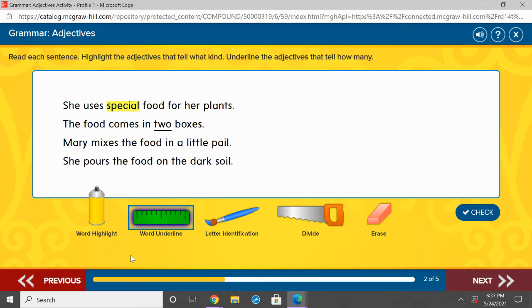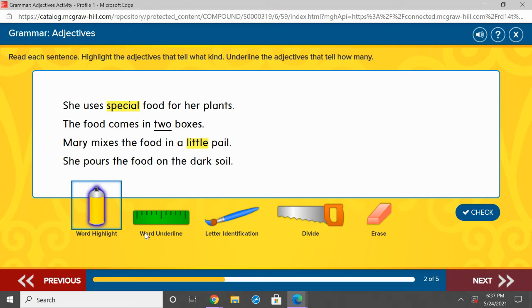Our next sentence, Mary mixes the food in a little pail. What kind of pail is it? Let me hear it. It's a little. Yeah. Does that tell us how many or what kind? Go ahead and yell that out. Yeah, that's going to tell us what kind. So we're going to highlight that. It's a little pail.